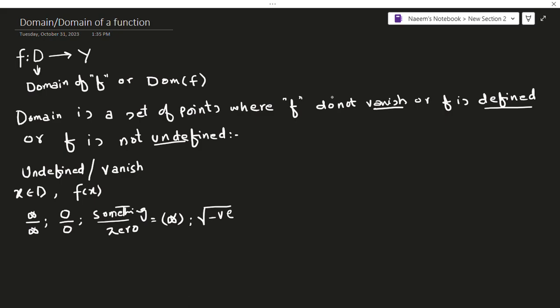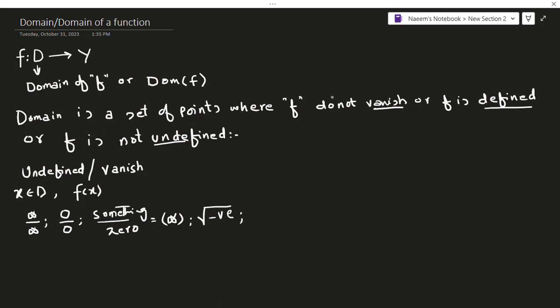This is another point of discussion, because our restriction is that D or Y is the set of real numbers, and this is not a real number. So f of x vanishes here if we get something negative inside the square root.